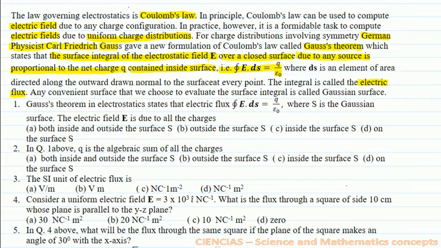So the first question is: Gauss theorem in electrostatics states that the electric flux closed integral E dot ds is equal to Q upon epsilon 0, where S is the Gaussian surface.